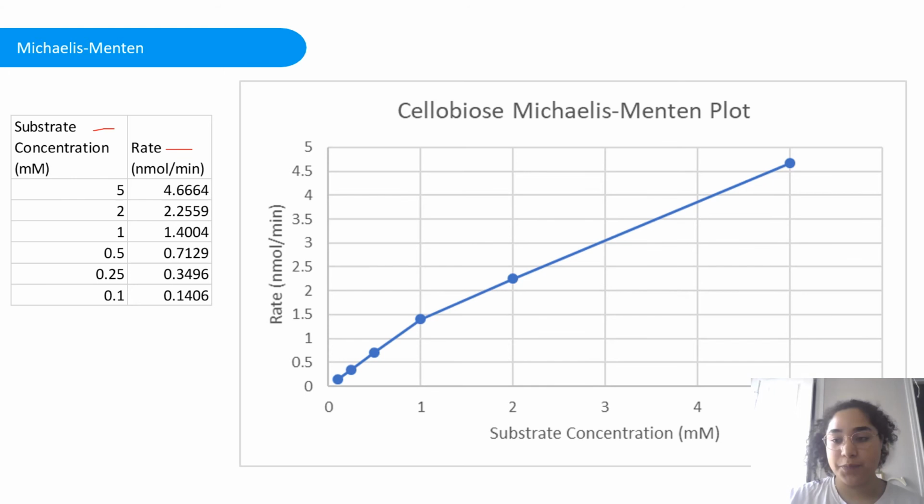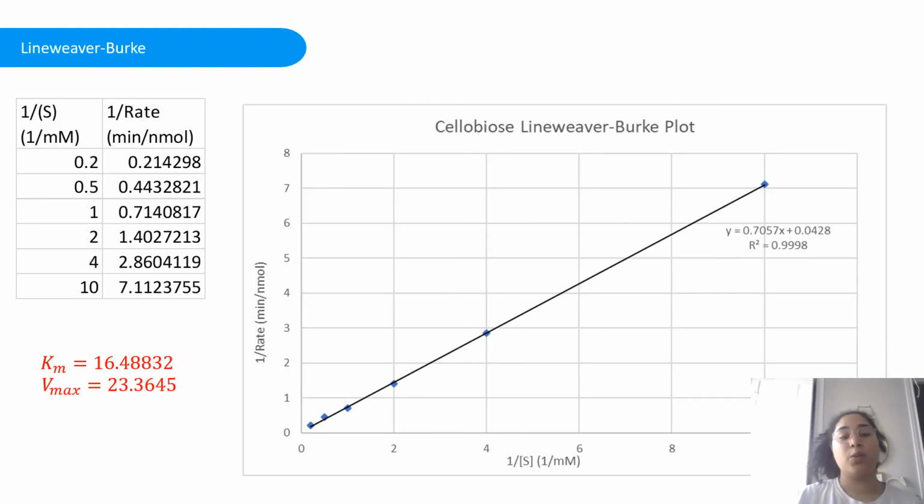So we use the Lineweaver-Burk plot to find the Km and Vmax values. What I did is take the inverse of the substrate concentration and the inverse of the rate, and then using this equation, you can find the Vmax and Km values, which I have right here.